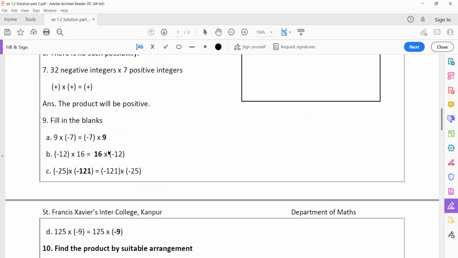When we multiply 9 into 7, we get the same result if 7 is multiplied with 9. The question is asked in that way.